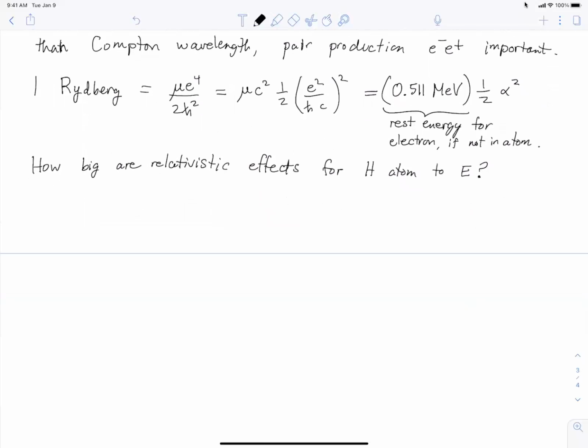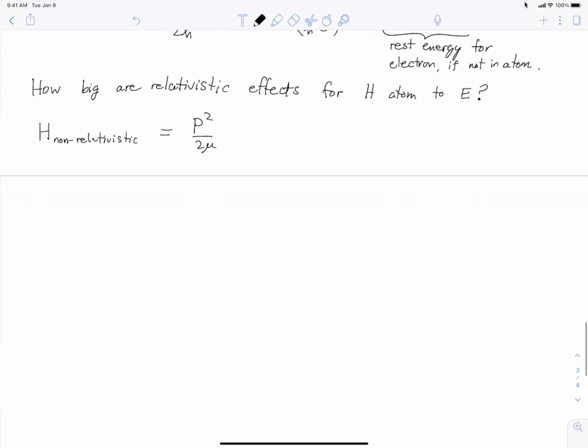Okay, so recall that the Hamiltonian, the kinetic part from non-relativistic effects, is the momentum squared over twice the mass. And now let's try to write down a relativistic version of this. And I should perhaps emphasize that what I'm about to do is actually only part of the story. It's not the complete story.